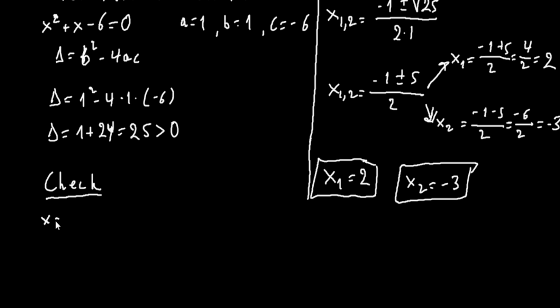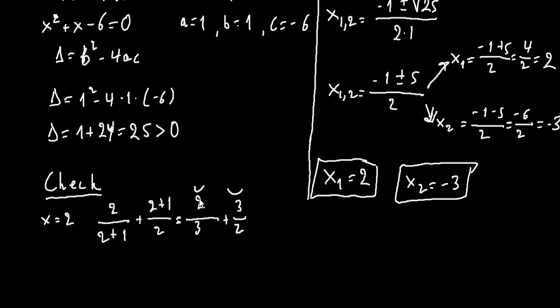So for x equals 2, we have 2 over 2 plus 1 plus 2 plus 1 over 2, equals 2 over 3 plus 3 over 2, so this is 4 plus 9 over 6, or 13 over 6.